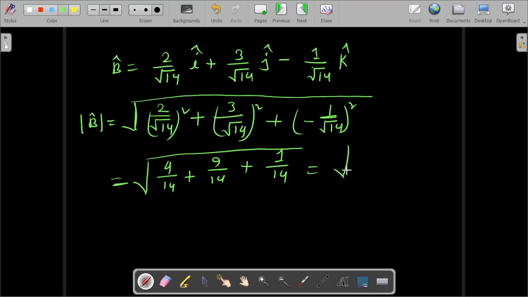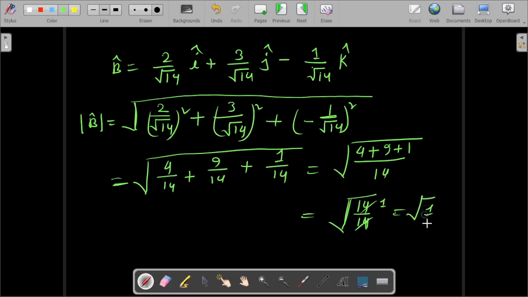How much will it be? Take LCM. The LCM will be 14. There you will get 4 plus 9 plus 1. So what will be the value? 14 by 14, 1 will come, right? So the value of a unit vector is always 1 unit. Okay.